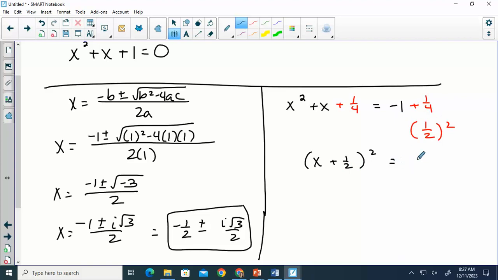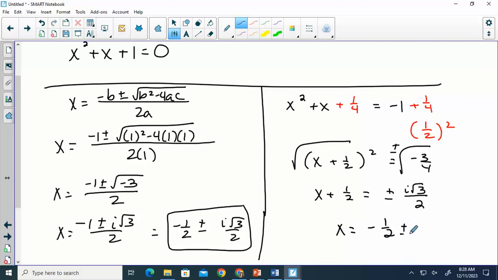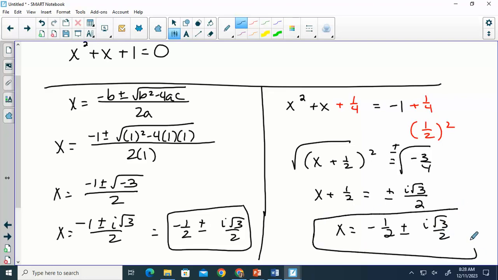Negative 1 plus 1/4 is negative 3/4. Square root, plus and minus. Square root of negative 3 would be i radical 3. Square root of 4 is 2. Subtract the 1. So both of them get the same answer.